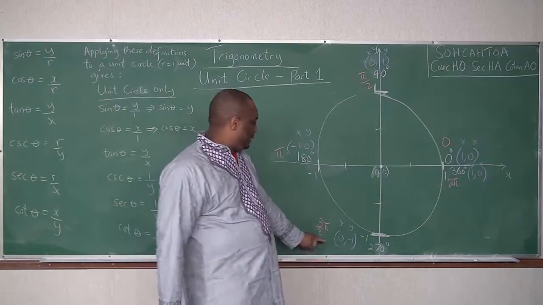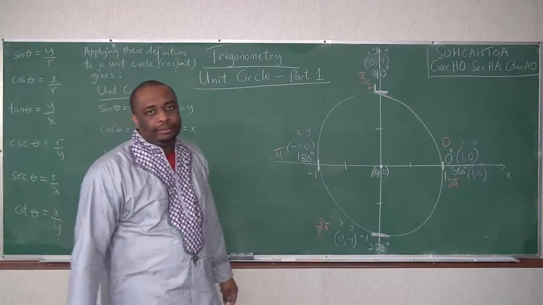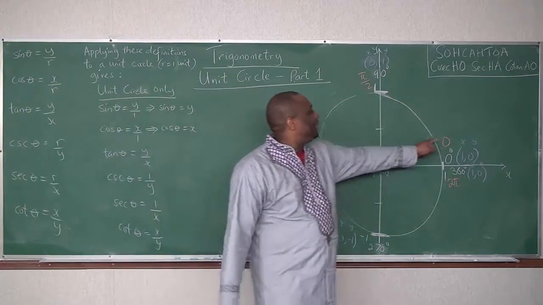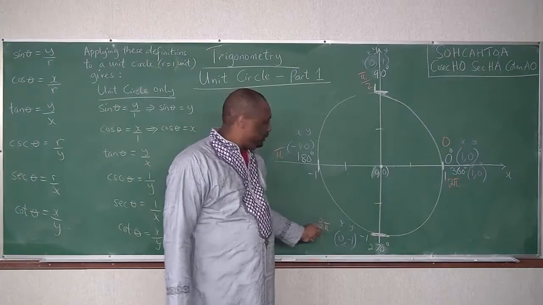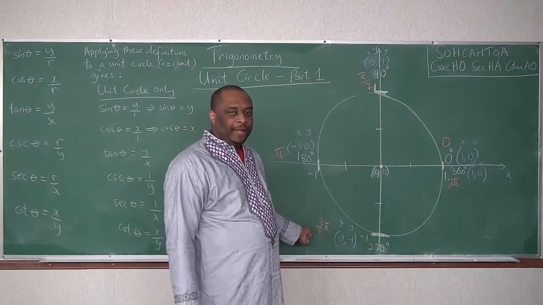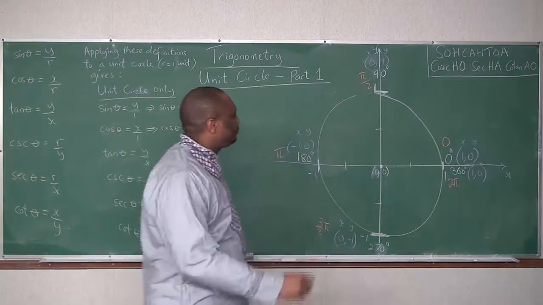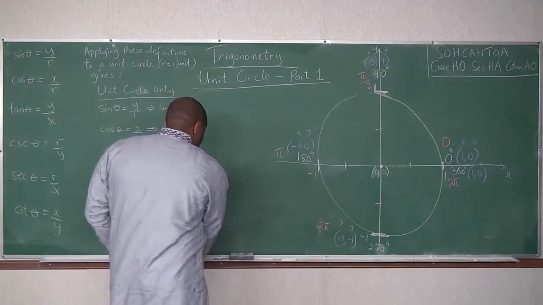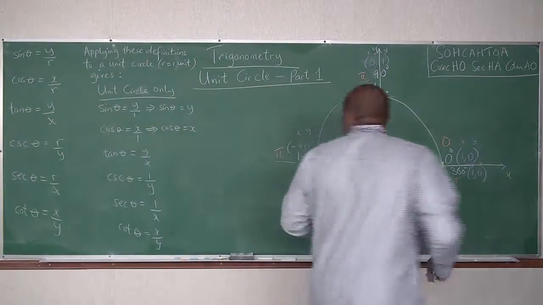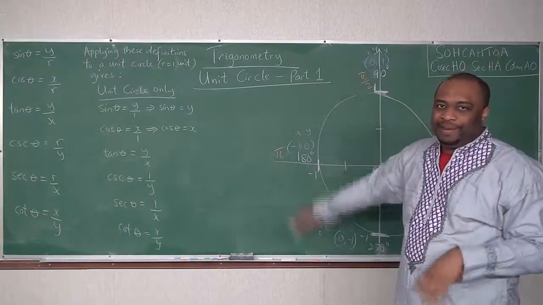Add half pi again, 4 pi over 2, which is 2 pi. So it makes it easy for us. We don't have to start writing it again. That is a trick to remember it.